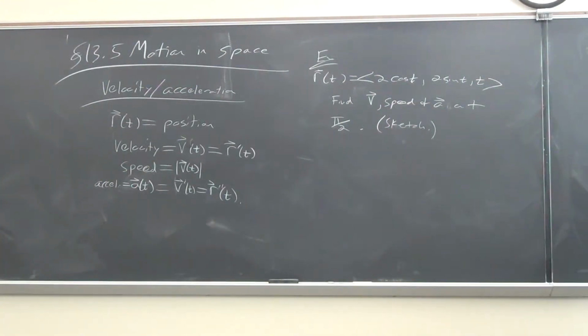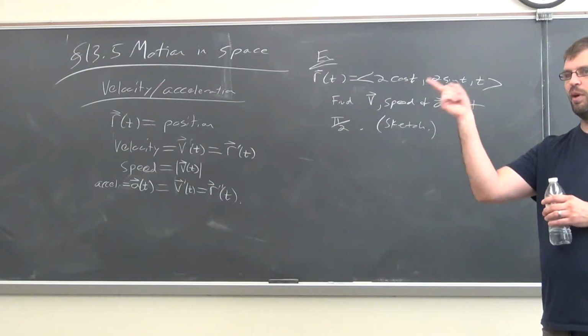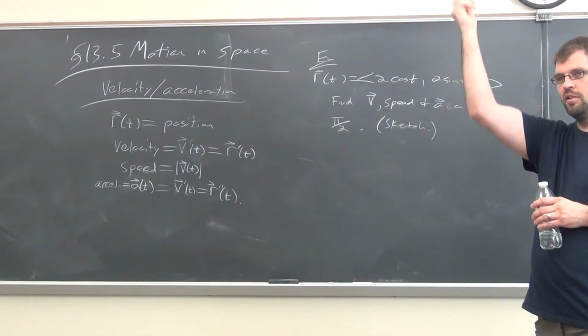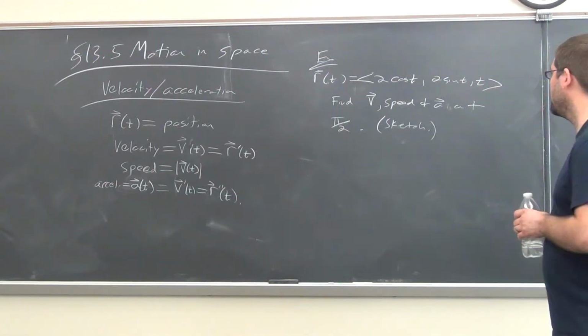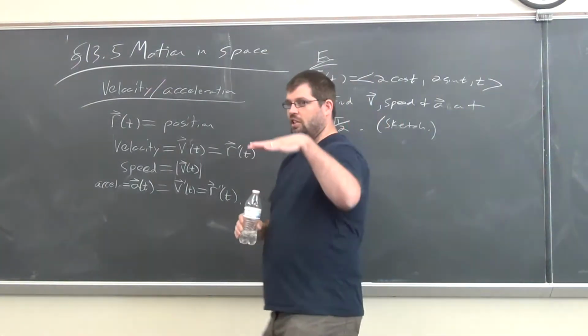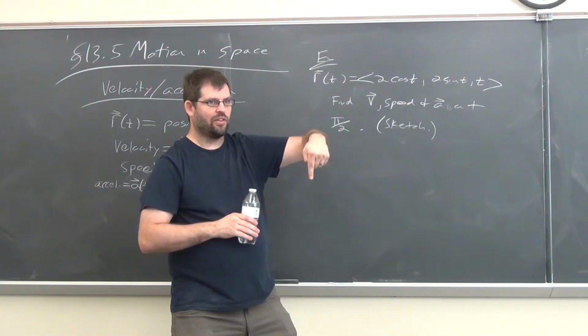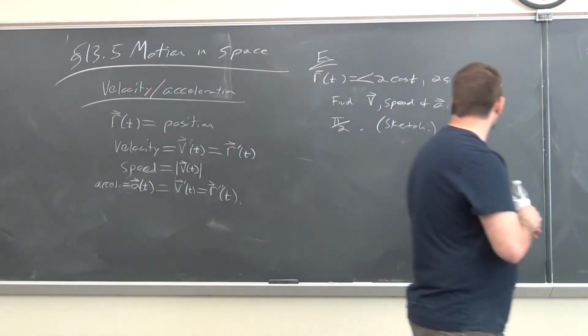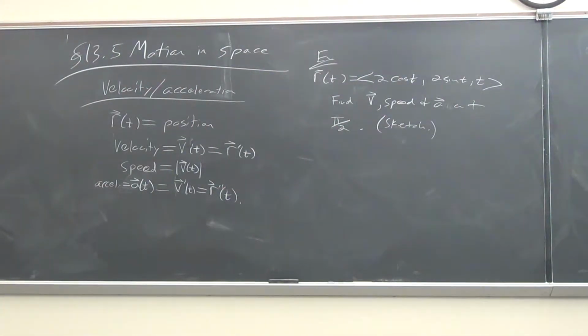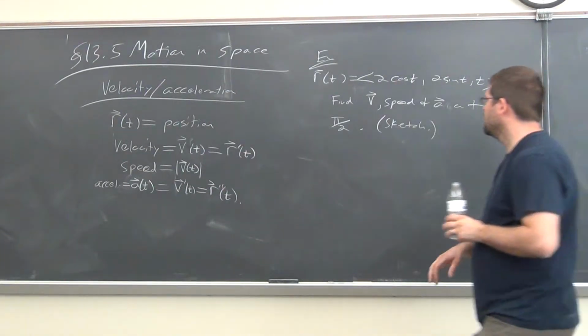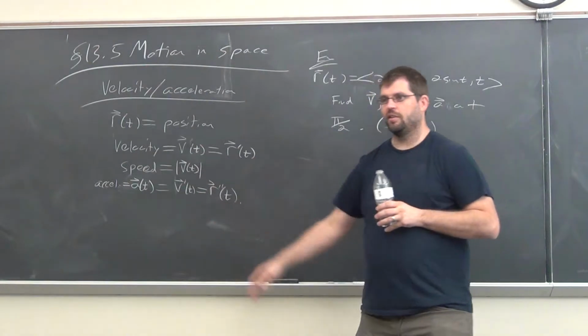I'm going to do just a 2D sketch. So this is going to be just a spiral, right, moving up. You got that t in that last component. And so when you sketch it, let's just ignore the z. Sketch it as though you're looking straight down at the thing. And so if you get a chance, try to do that. But the first part really is just compute these derivatives and then plug in pi over 2.